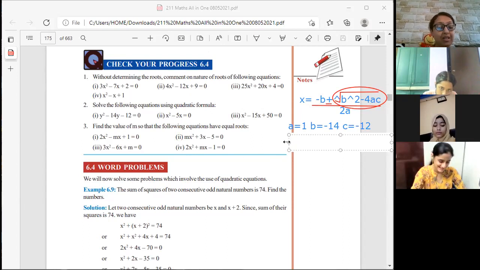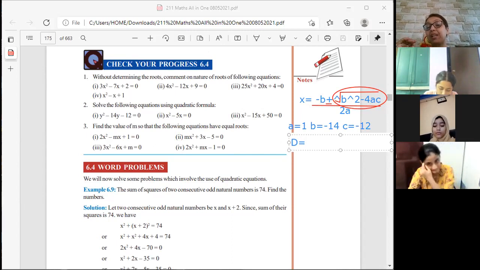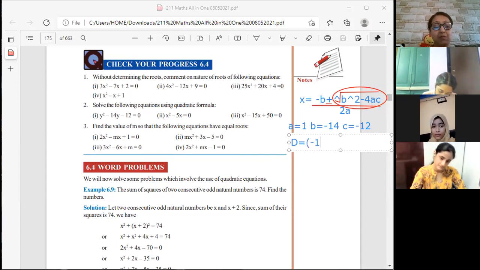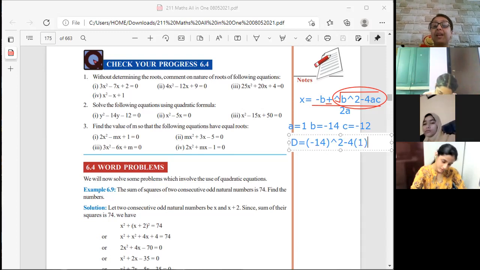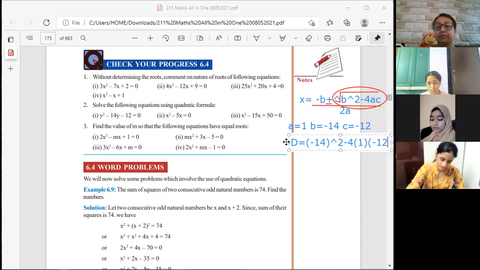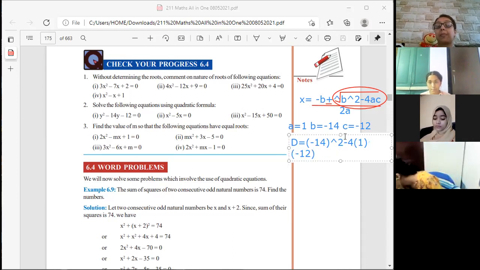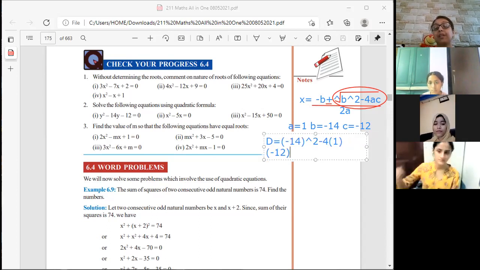So I'm going to find out D first, which is equal to b square minus 4ac. Now, what is my b square? Can I say minus 14 the whole square? Minus 4 multiplied by my a, which is 1, and my c, which is minus 12. Am I right? Barira, are you paying attention? Are you getting me?